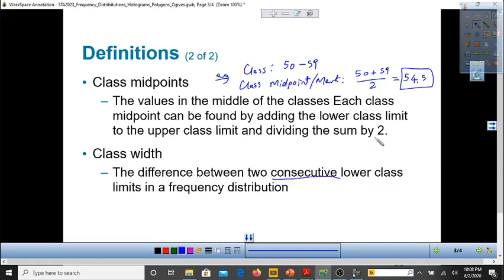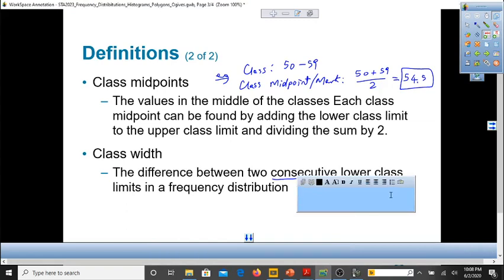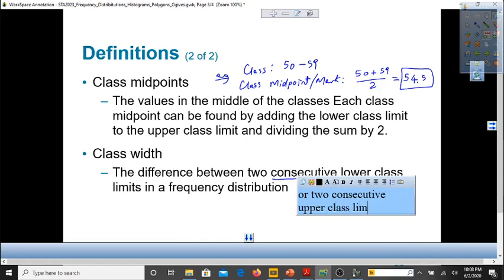So the class width would be the distance, or the difference, between two consecutive lower limits, or two consecutive upper class limits, or two consecutive class boundaries.